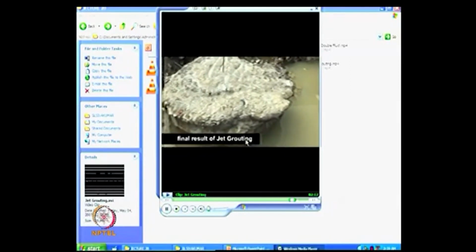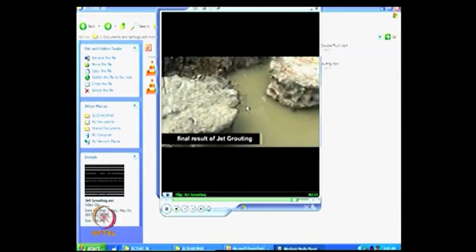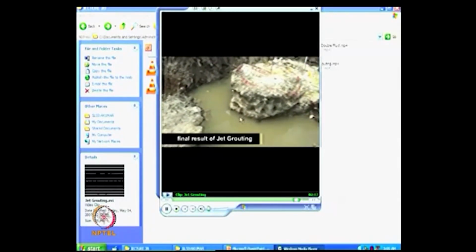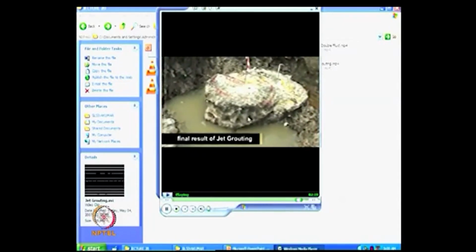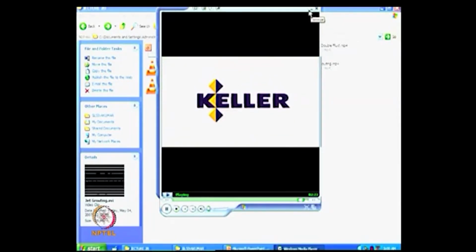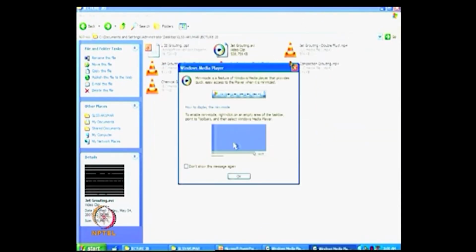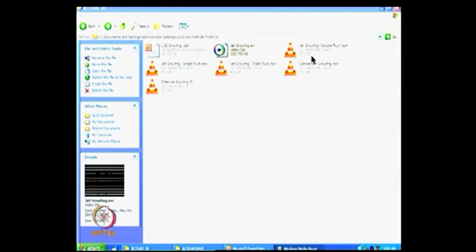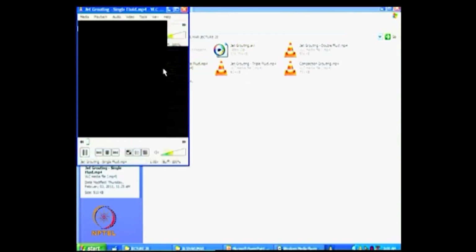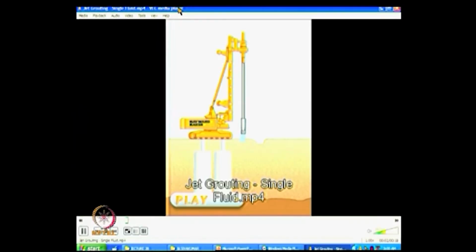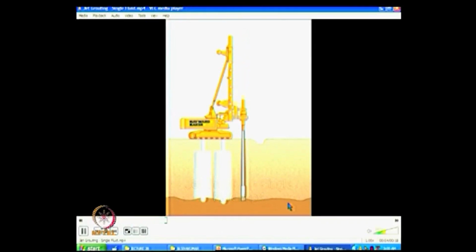So, this is how the final result looks like. It can be similar to stone columns or something. So I must thank Keller for giving me this video. We also have some more material. Jet grouting is another one here. The way it does, you can just see that single jet grouting in a single flow.